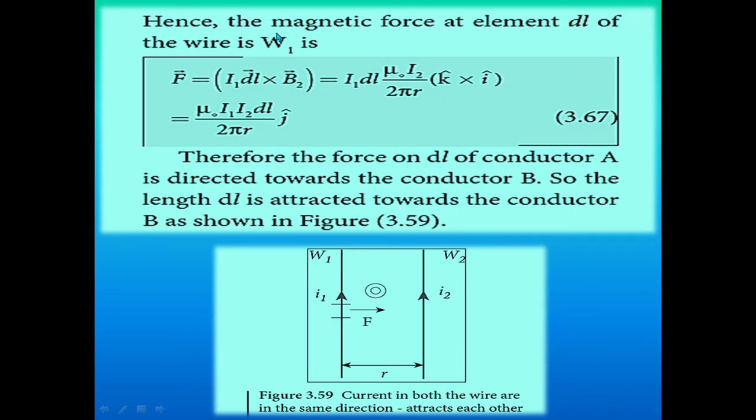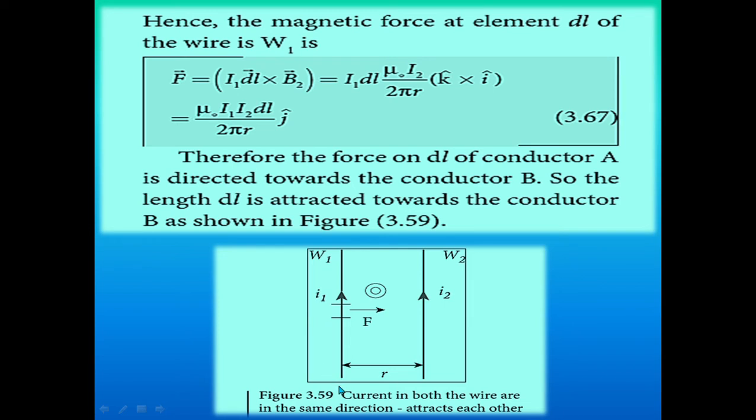So hence the magnetic force at element dl of the wire is F equal to I1 dl vector cross B2 magnetic field vector, because conductor B experiences the magnetic field due to the current I1.